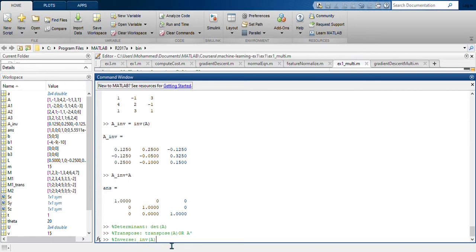Okay, so we have seen these three commands to find the inverse, determinant, and transpose of our matrices.